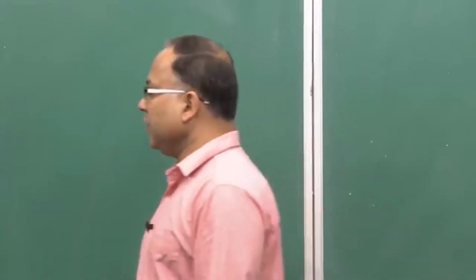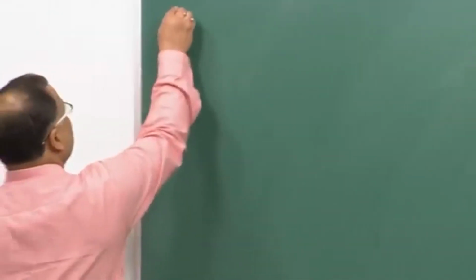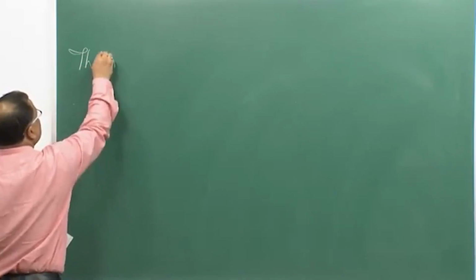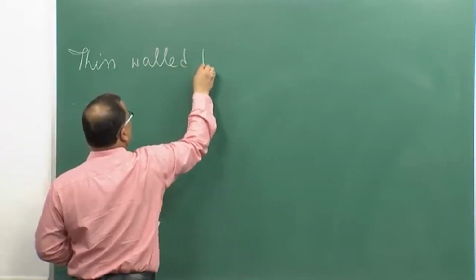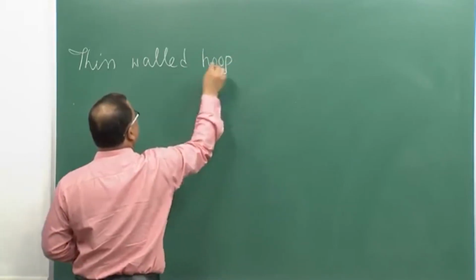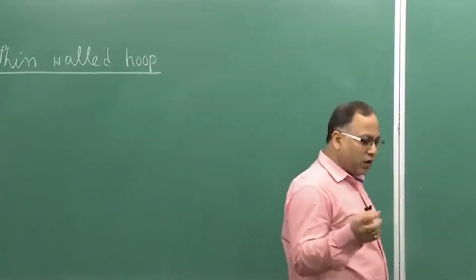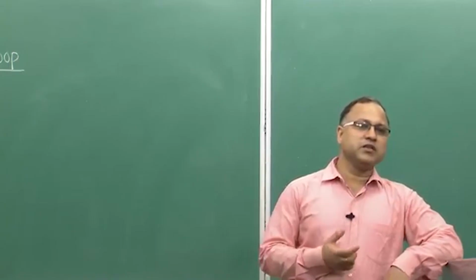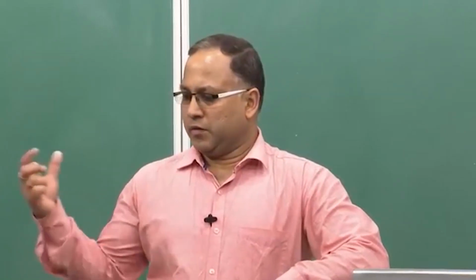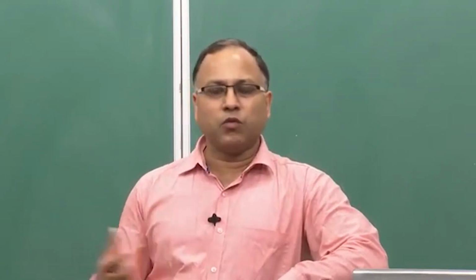Okay. So, today we will be talking about the analysis of a thin walled hoop. This is a very thin walled hoop. Generally you see it in a pipeline transferring fluid or gas or whatever.